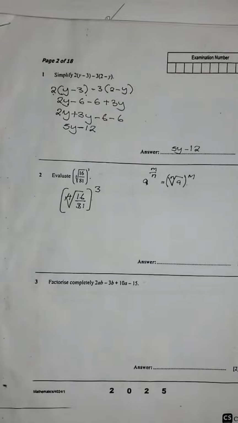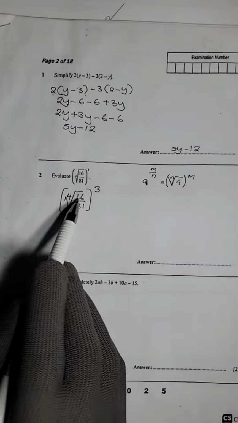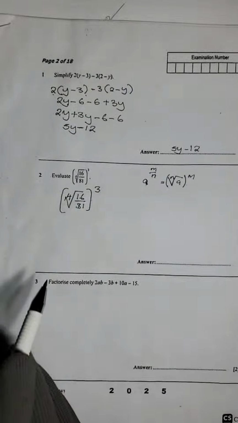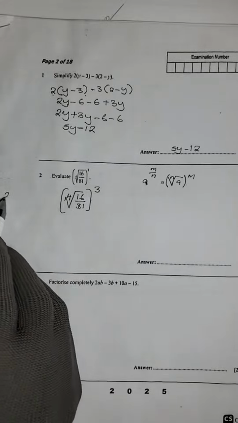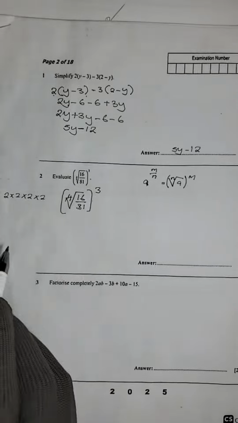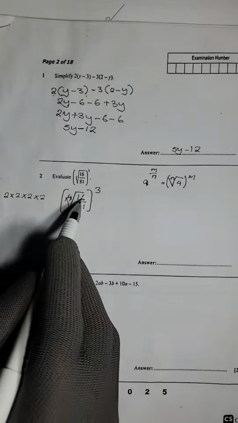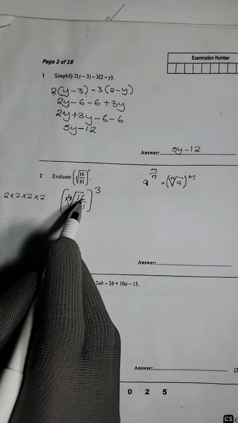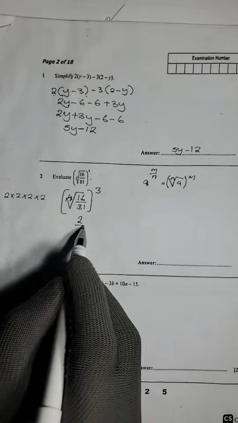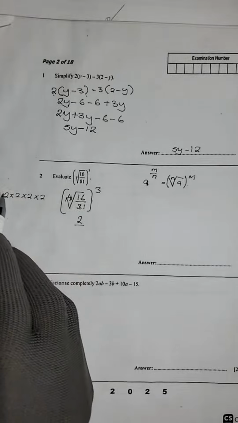In these indices, we are going to look for a number that when you multiply itself 4 times should give you 16. And you notice that 2 times 2 times 2 times 2 gives you 16. So the number is 2. Over, now we go to 81.